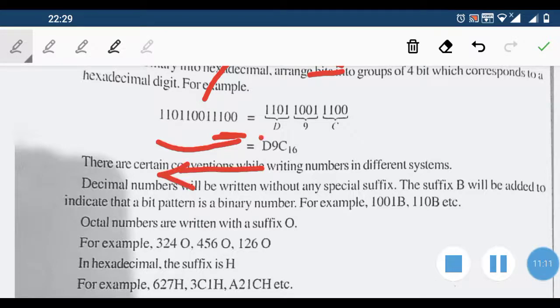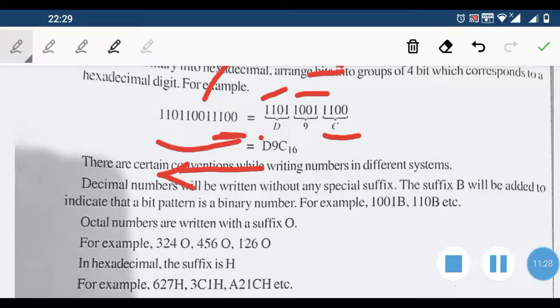From right to left you have to group the bits in groups of 4 bits. So the first group is 1 1 0 0, and the second group is 1 0 0 1. Then the third group is 1 1 0 1.